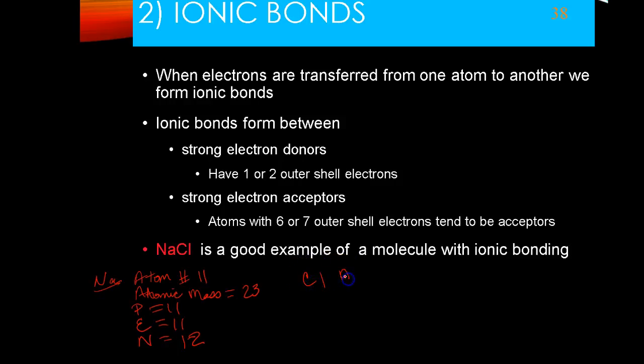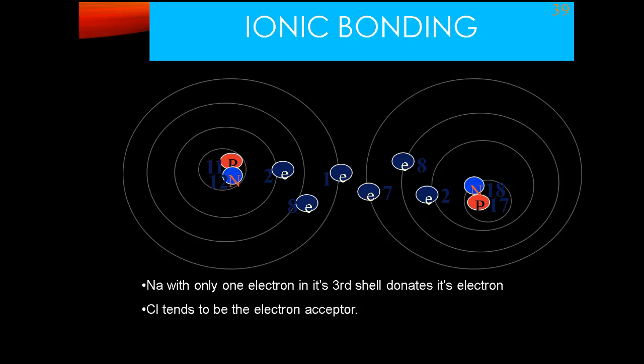Chlorine's atomic number, if you remember, is 17. The atomic mass is equal to 35. The number of protons, 17. Electrons, 17. 35 minus 17 gives us neutrons equal to 18.